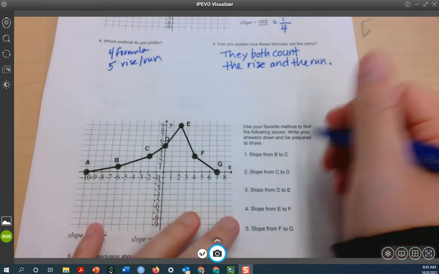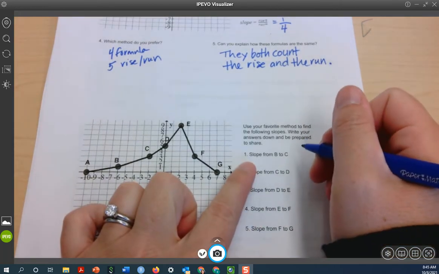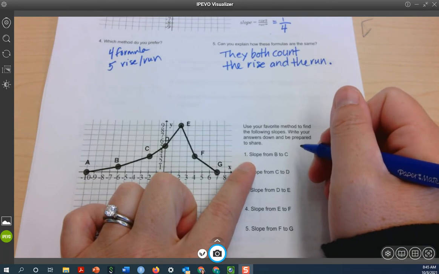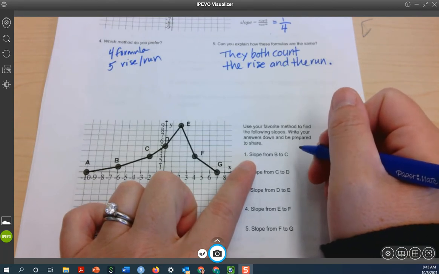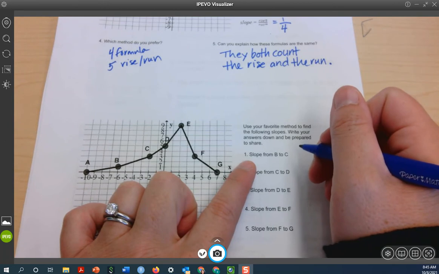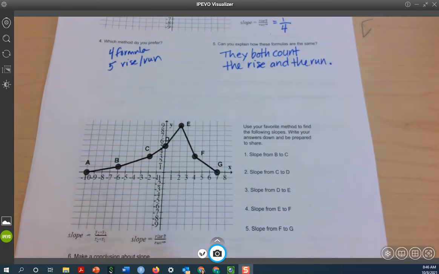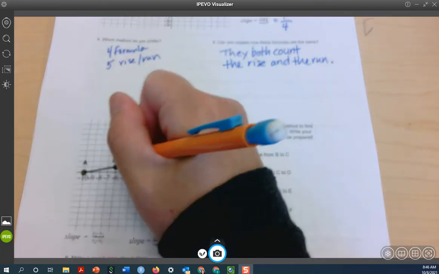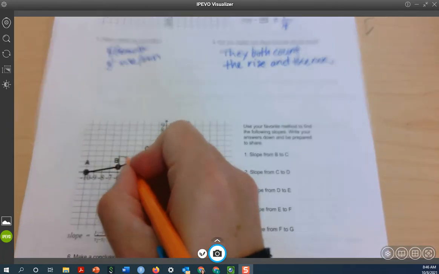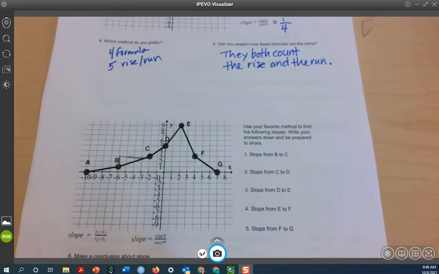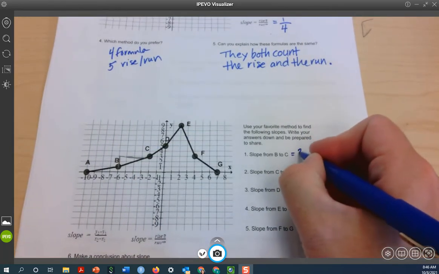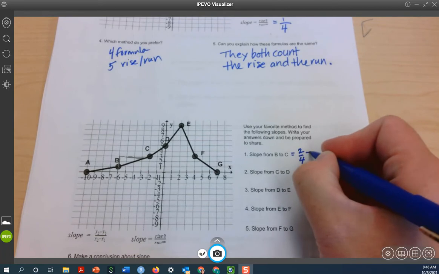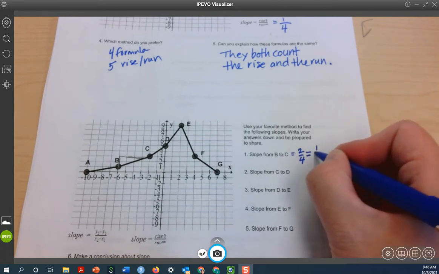All right, who would like to give us an answer for number 1? All right, anybody else get 1/2 for number 1? Did anybody get 2/4? Okay, so 2/4 and 1/2 are both good, right? Remember that you go up 2 and you go over 4, and so you might get 2/4 to start, but you can also simplify that to be 1/2.